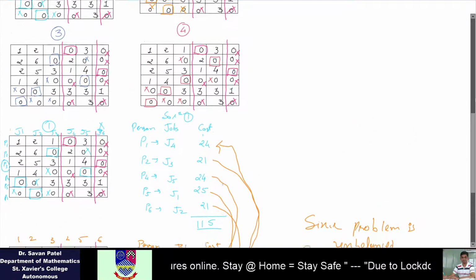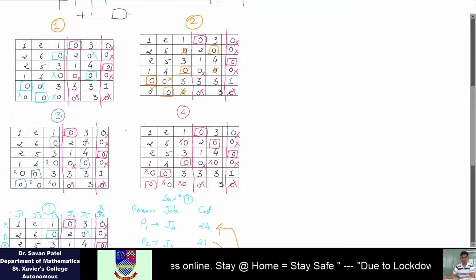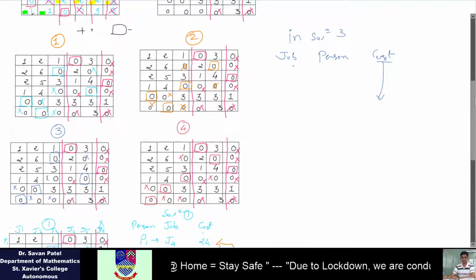If you think about solutions 3 and 4, let me write what the allocations are. In solution number 3, person and job, and cost. I am not writing the cost, you calculate it yourself, but I am writing which job is assigned to which person.